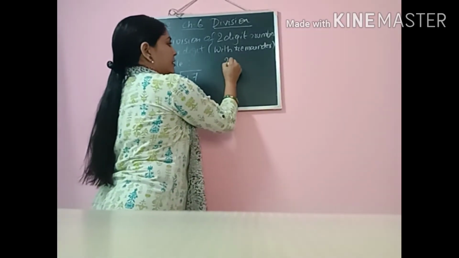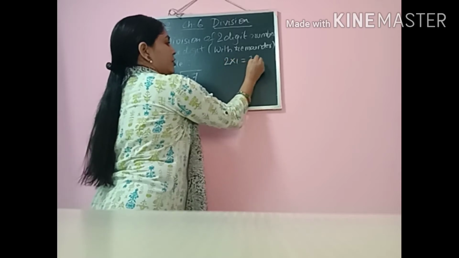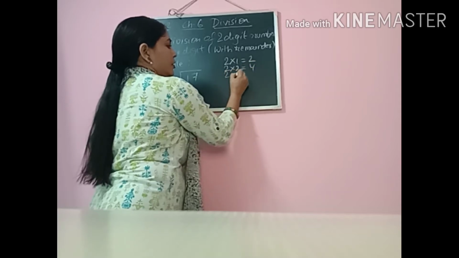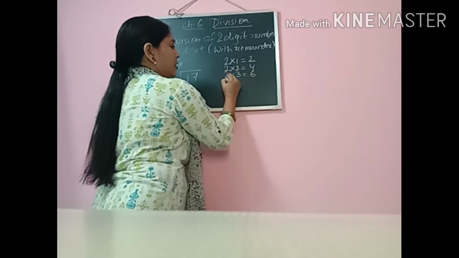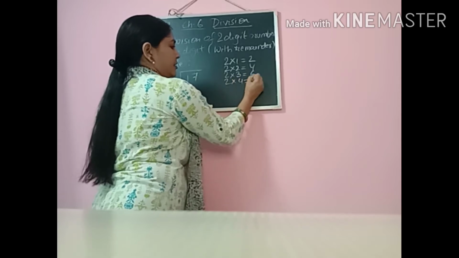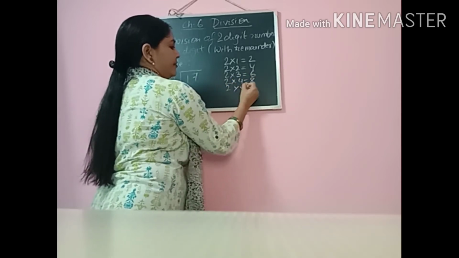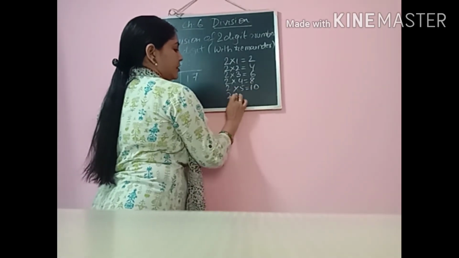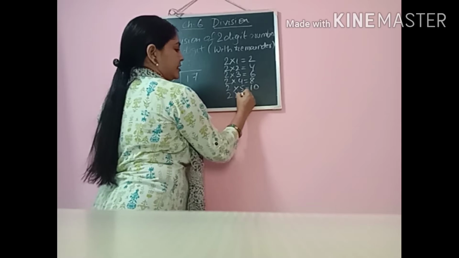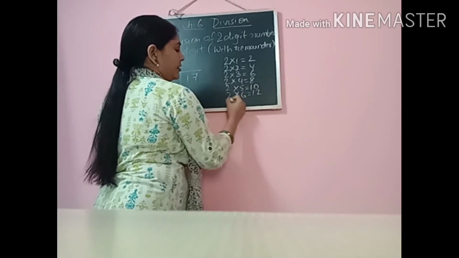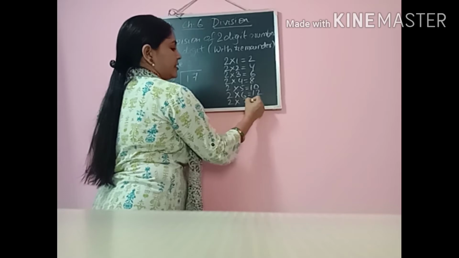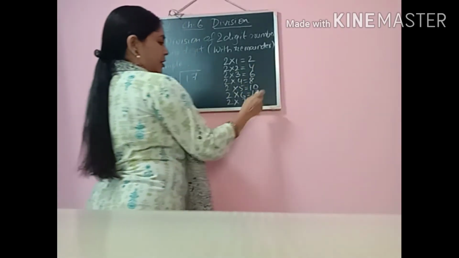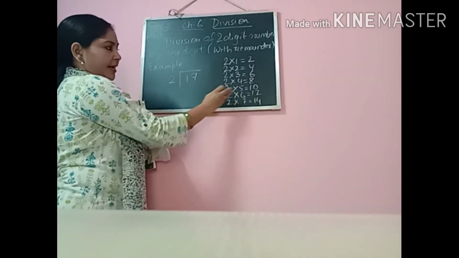So let's see what comes. 2 1s are 2. 2 2s are 4. 2 3s are 6. 2 4s are 8. 2 5s are what? 10. 2 6s are 12. 2 7s are 14, and one more time, because you see 14 and over here we are very close to this answer.